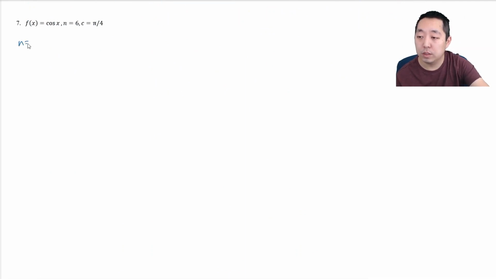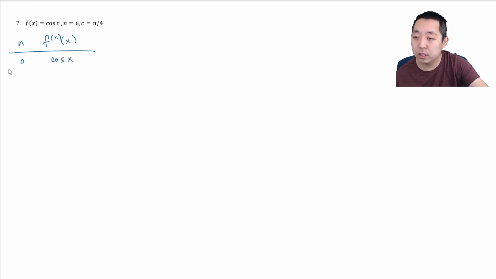So if we do our table for n and f to the n of x, when n is 0, that means no derivatives, cosine x. 1 is negative sine x. 2 is negative cosine x. Next derivative is positive sine x, then cosine x, then negative sine x, then negative cosine x.